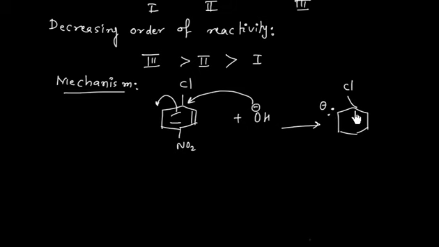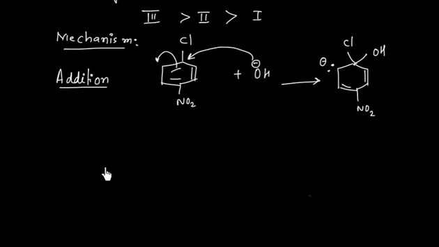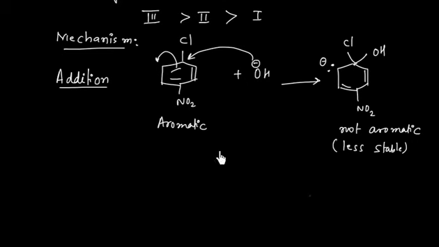So we have chlorine, we have OH. So this step is addition. Next, this compound is aromatic, but this is not aromatic, less stable, and this one is more stable.